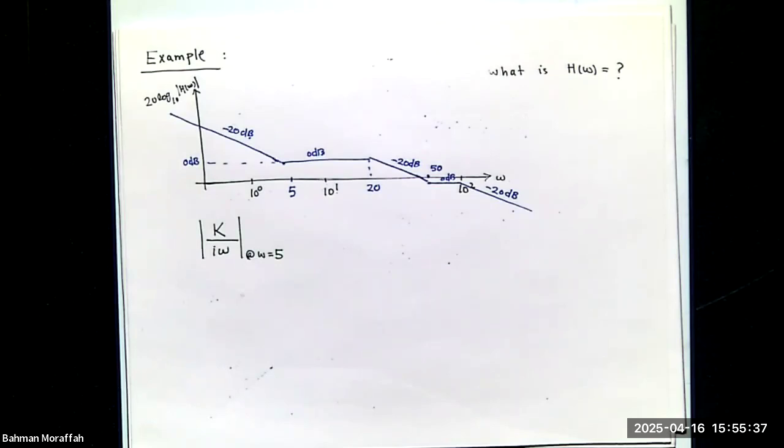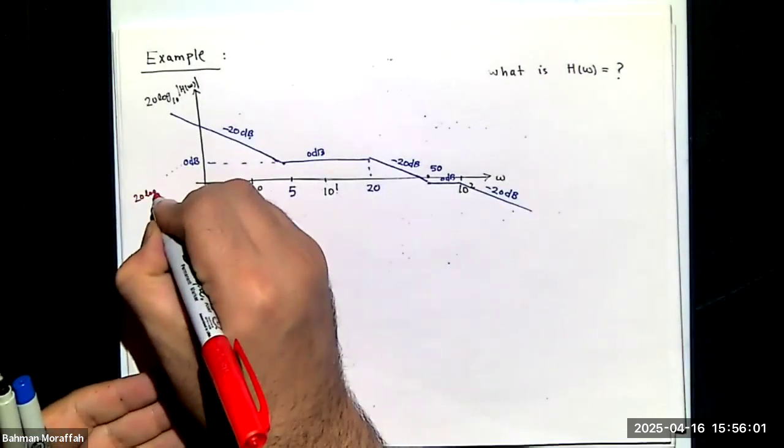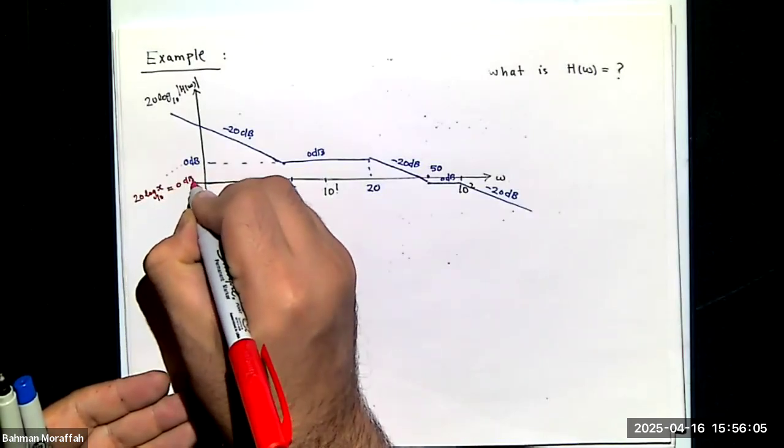So 20 times log 10 of some number x equals 0 dB.